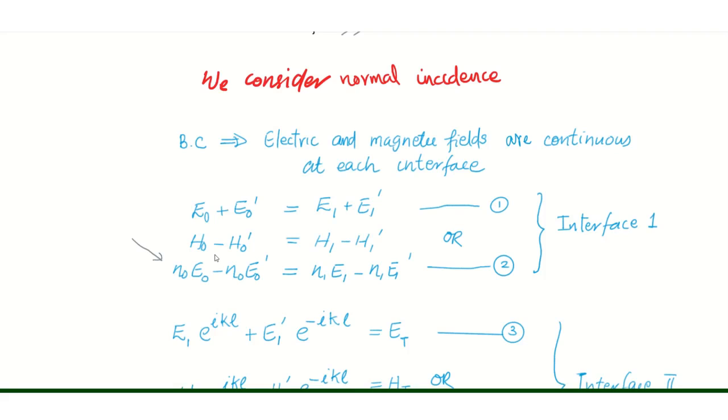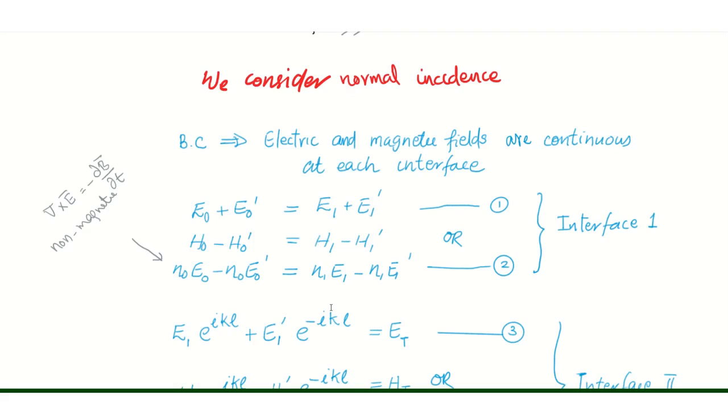You see from Faraday's law, del cross E equals minus dB/dt. If you consider a non-magnetic material, and all these three regions are non-magnetic, you can get to this equation very easily.